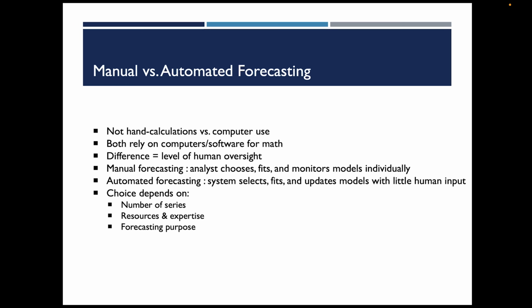This is essential when you have thousands of series and thousands of variables, because it's not easy to do manually. If you do this regularly, it has to be done by the machine.